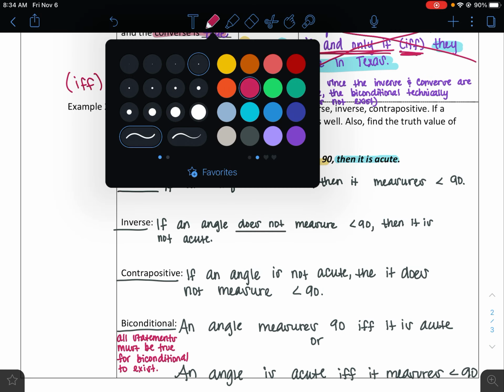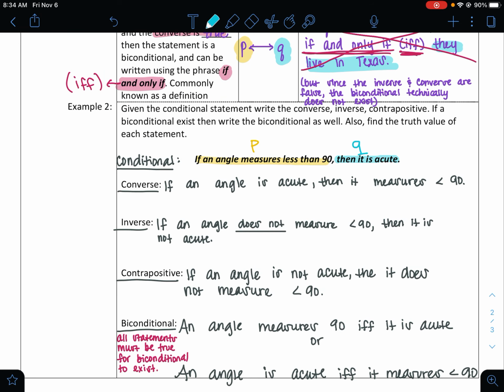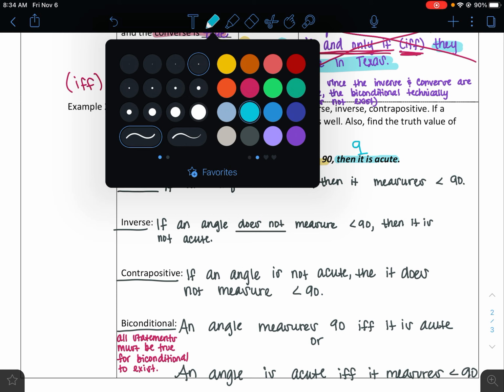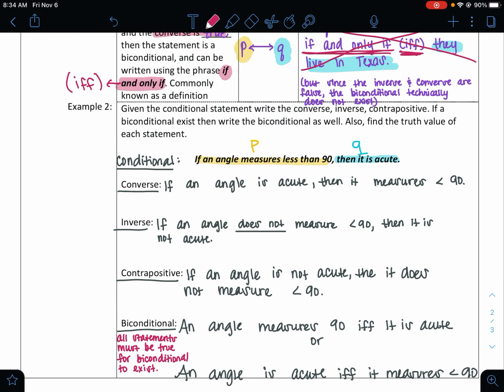I've labeled it: this is my P, and this is my Q. Don't forget for converse, you're going to switch Q and P. For inverse, it's not P, not Q. And for contrapositive, you switch them and you make it not. So not Q, not P. And then biconditional is P if and only if Q. So those are what you need to remember.